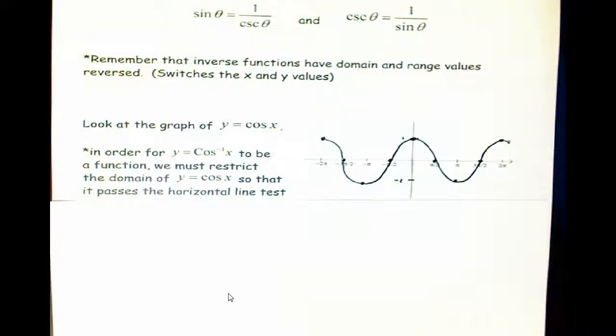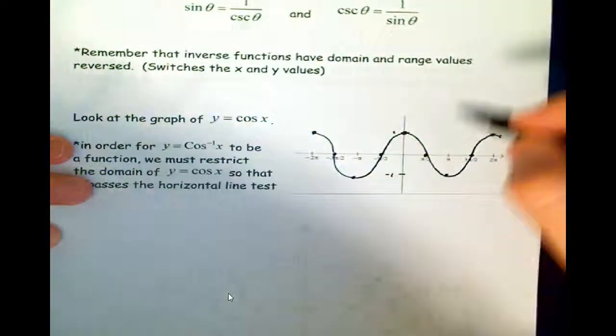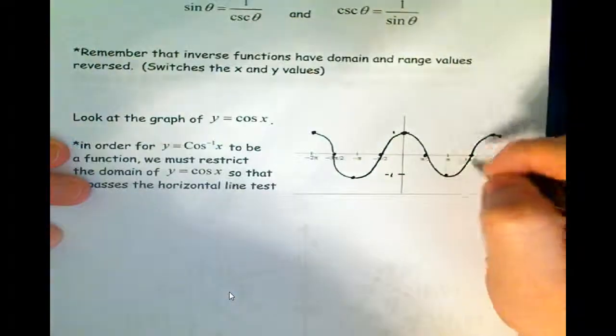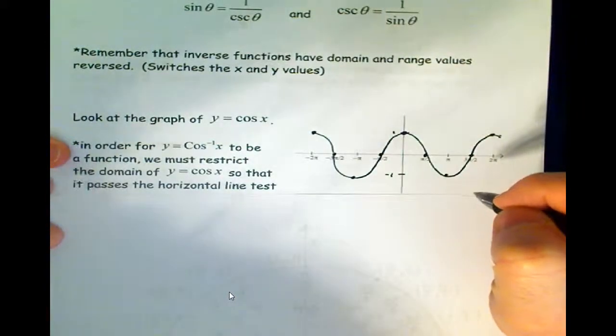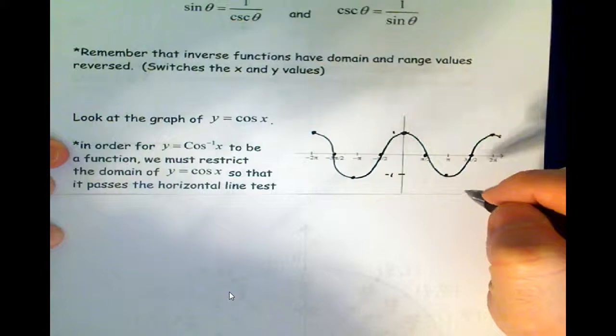Okay? And now they made the restrictions as close to the y-axis as possible so that it would actually be easy to read the angles and everything. Okay? So what they have done is they came over here and said, we need to make this thing pass the horizontal line test so I can make a function.